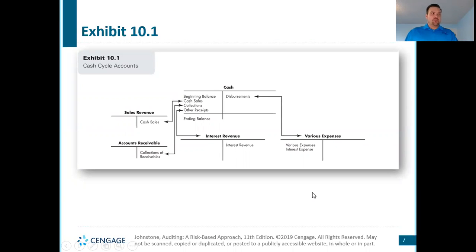Okay, so this is just some T accounts that show the cash cycle. You can see we have the cash element to this, obviously, but we also have sales revenue, accounts receivable, interest revenue, and other various expenses. So when you're auditing any individual part of a set of financial statements, or let's say an individual account like cash and cash equivalents, that doesn't mean that you're ignoring the other elements, because like everything in accounting, there's two sides to every entry.